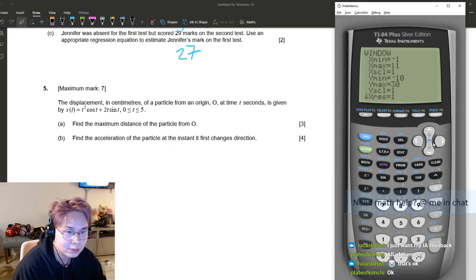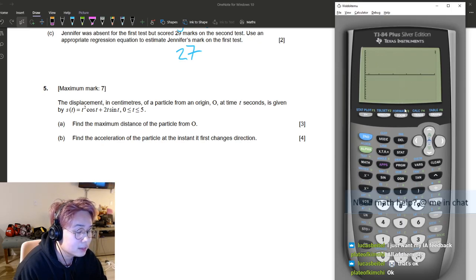And then let's change my window. The domain is from 0 to 5, so I'm going to go from 0 to 5. And I feel like I'll change the maximum y value to be 10. Okay, it goes to a little bit lower than that, so let me change this to 20.